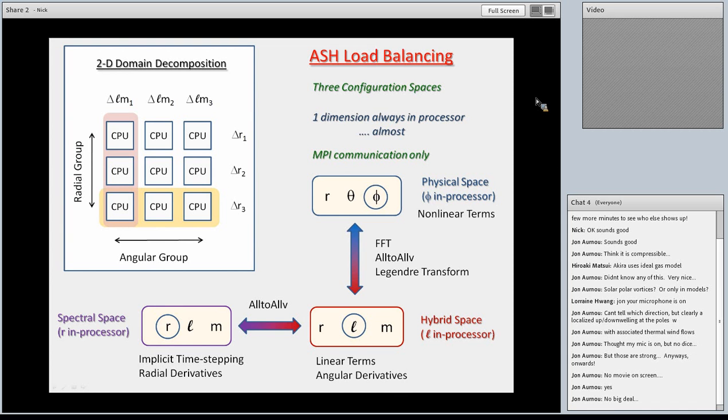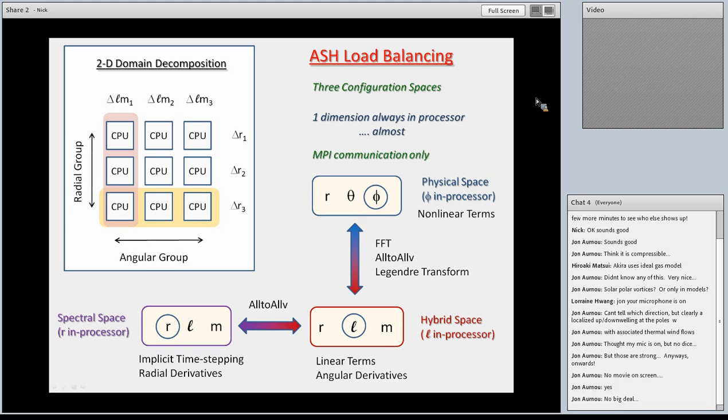So if I use the word angular group, I'm talking about a row, and radial group would be a column. In our spectral space, we have all of the radial points in processor, and we can move back and forth between Chebyshev degrees and actual physical radius as we want to.